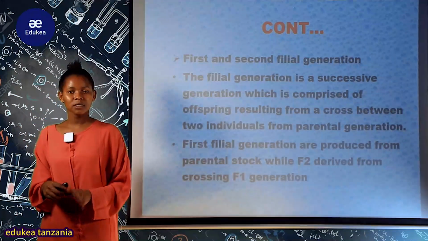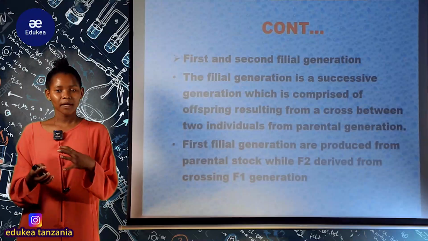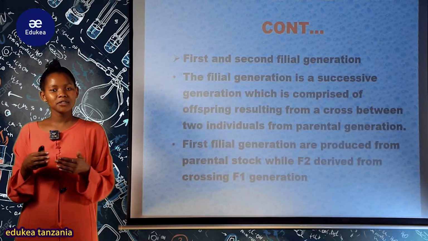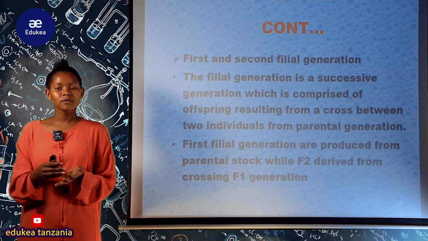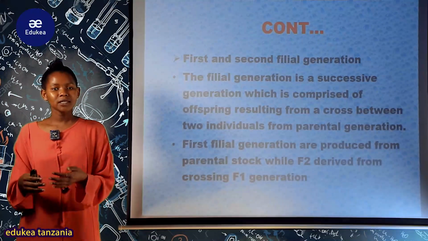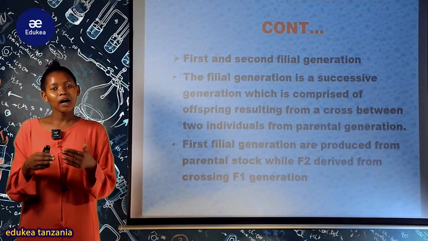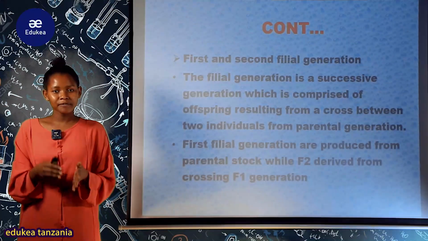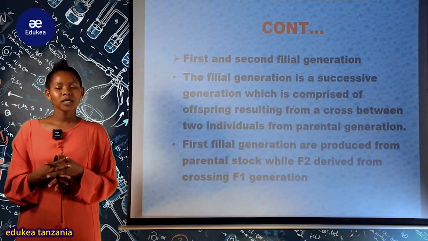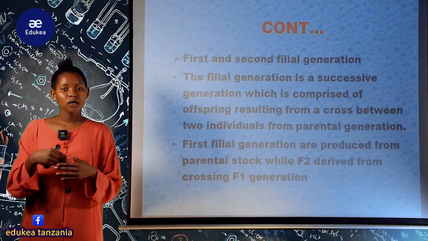My dear student, ukisikia neno filial generation ni kizazi ambacho kimetokana na waanzilishi fulani ambao waliweza kuzaa watoto kadha wa kadha. Wale watoto ndio tunaita filial generation, ni kizazi. Lakini hao watoto ambao watakuwa formed for the first time kutokana na wale founders ama wale parents tunaita ni first filial generation. Let's take a simple example.